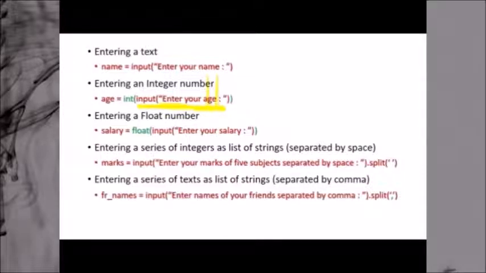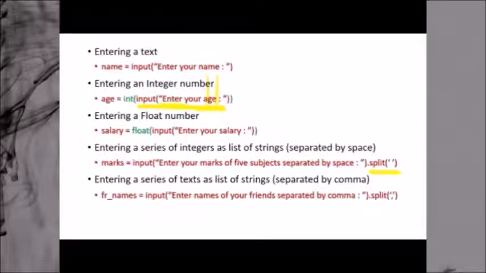If you want to enter multiple values together at a time, you can use the split function. Here I am using marks is equal to input, enter your marks of 5 subjects separated by space, and then I am splitting it on blank space. These multiple values will be stored into a list.